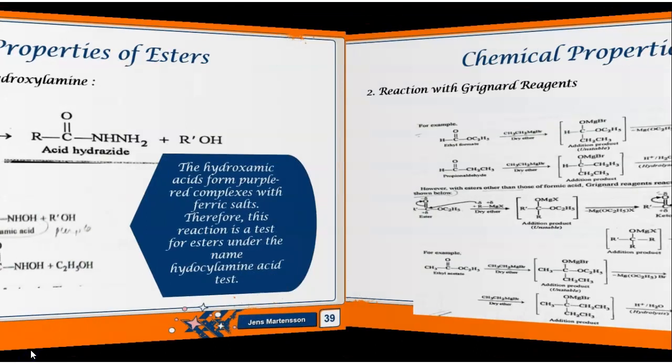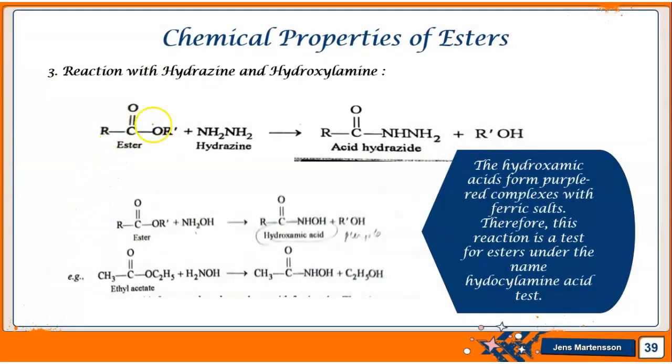So proceeding to the third reaction, that is reaction with hydrazine and hydroxylamine, where your ester is reacting with hydrazine and it leads to the formation of acid hydrazide like this, and alcohol is removed. And the reaction of ester with NH2OH releases your hydroxamic acid and alcohol.